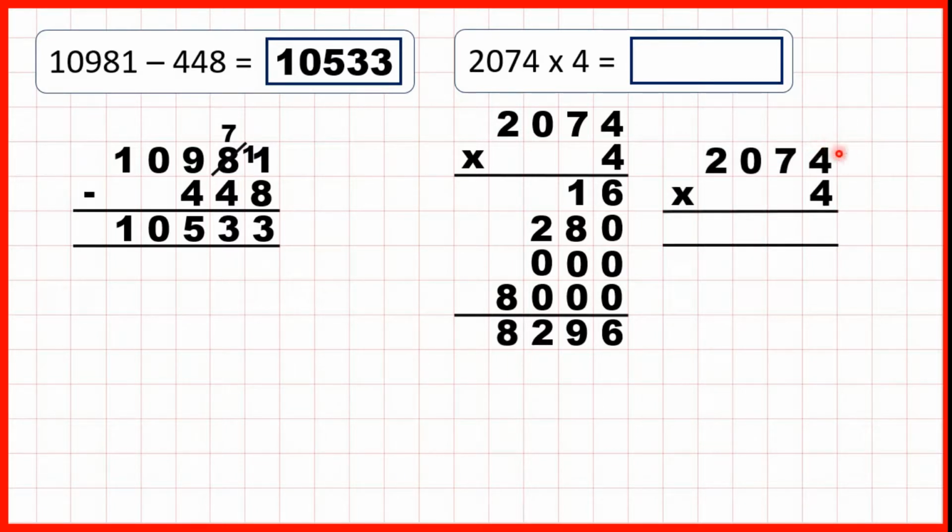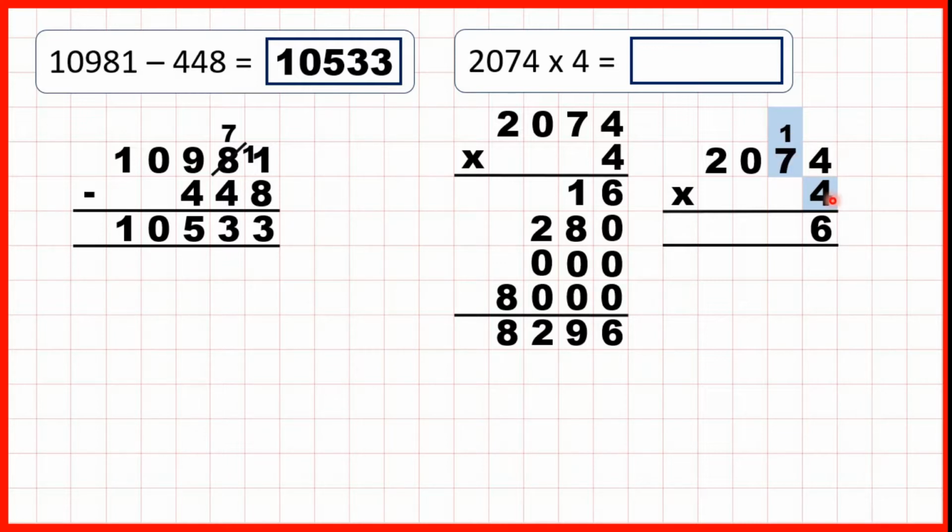We could also use short multiplication here. We work from right to left, so 4 times 4 is 16, but instead of writing that in our answer line, we need to write 16 as 1, 6. Now on to the next digit. 7 times 4 is 28, but now we need to add this 1 on top.